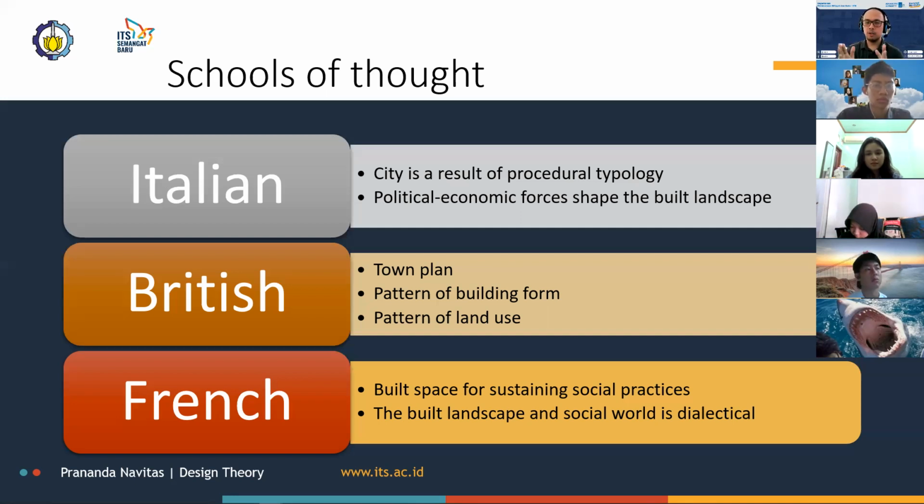They figured that the gridiron configuration is the most optimal configuration for political and economic growth.